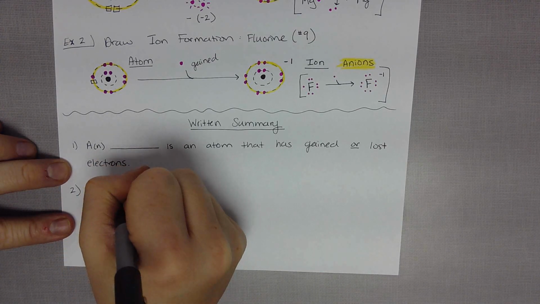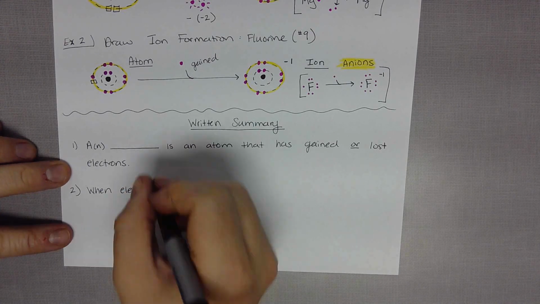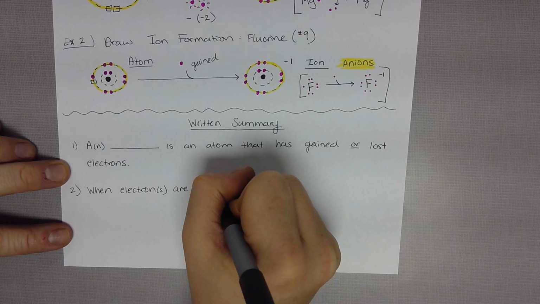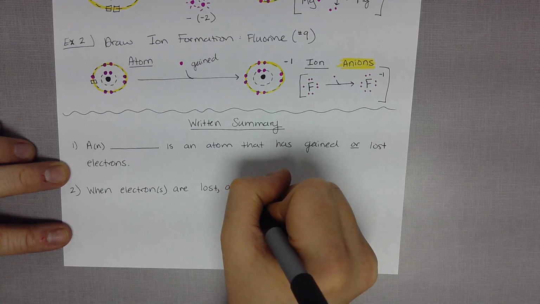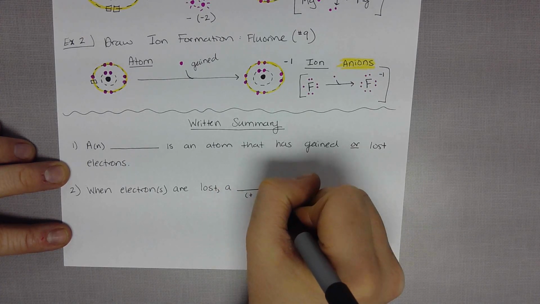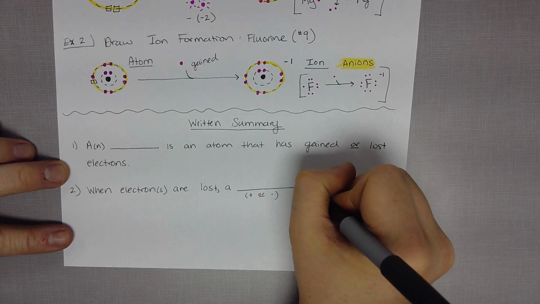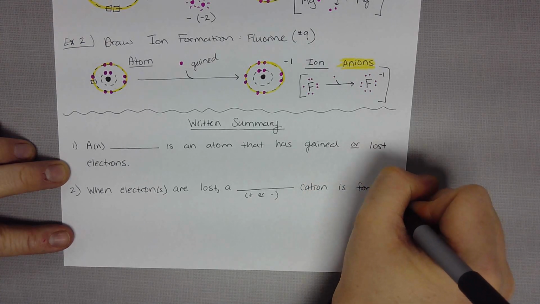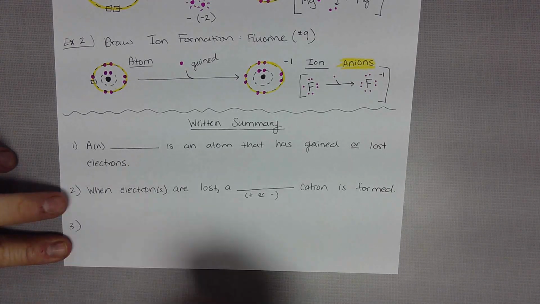When electrons, or an electron, it could be plural or singular, are lost, a blank, and this is going to be a charge. I want you to write either positive or negative, cation is formed. And then similar for number 3, but invert it.